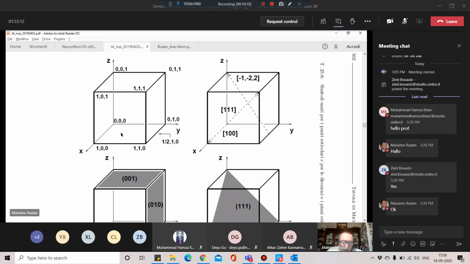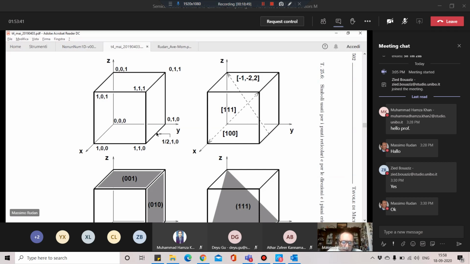In space, you can define any point. So for instance, the midpoint of this segment here has coordinates in which the first is 1/2, obviously, the second coordinate is equal to 1, and the third coordinate is equal to 0. Okay, so this is a point that is written there just as an example.